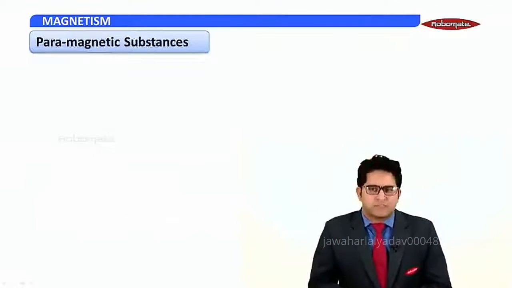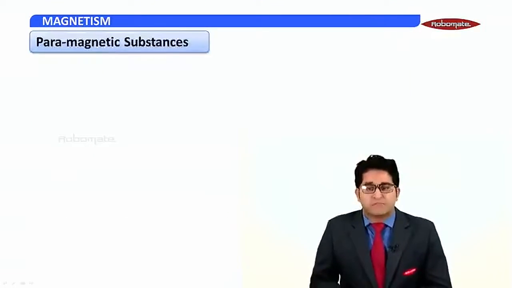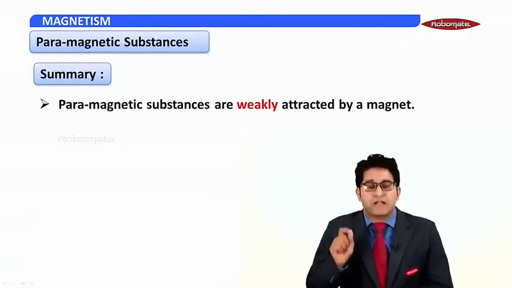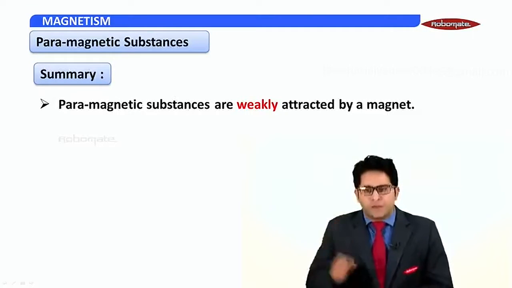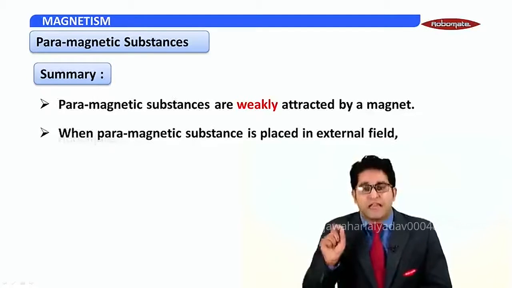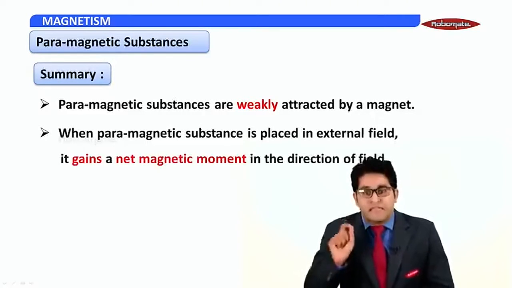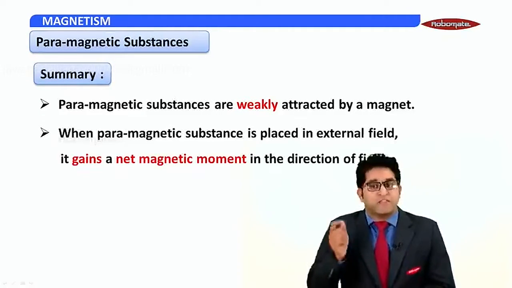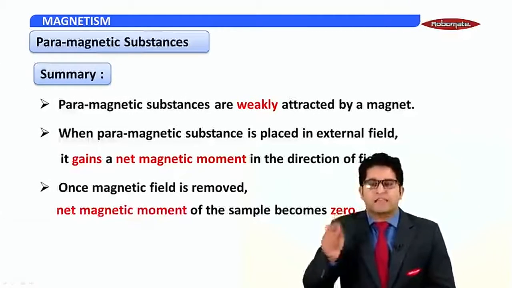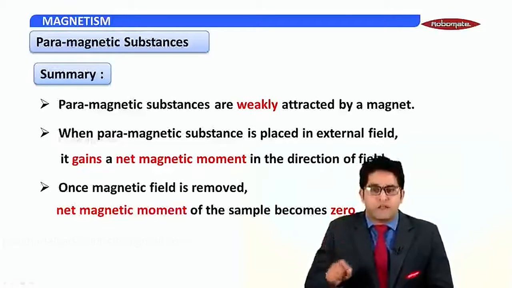So let us summarize what we have learned. Paramagnetic substances are those substances which are weakly attracted by the magnet. In presence of external field, a paramagnetic substance gains net magnetic moment in the direction of the field. And if we remove the field, it will lose its magnetism, and the magnetic moment of the sample will be 0.